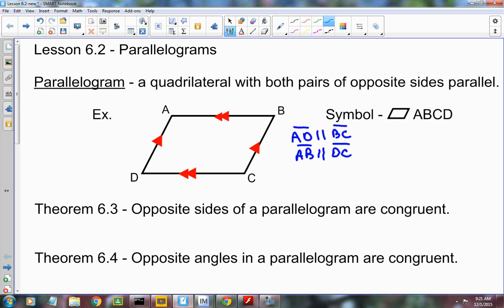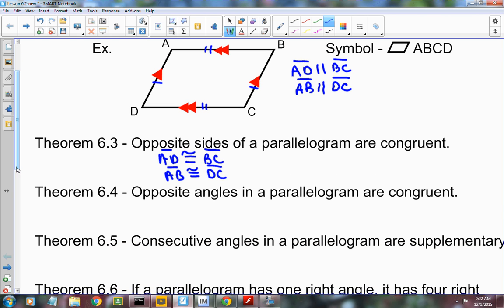Now, some other properties of the parallelogram. Opposite sides of the parallelogram are congruent. So the opposite sides are parallel. They're also congruent to each other. So AD is congruent to BC, and AB is congruent to CD. So opposite sides are parallel, and opposite sides are congruent.